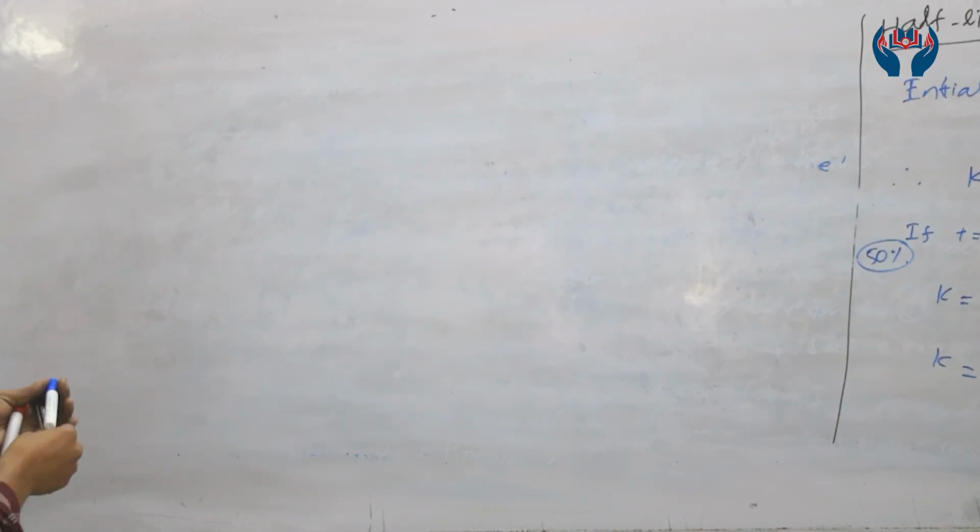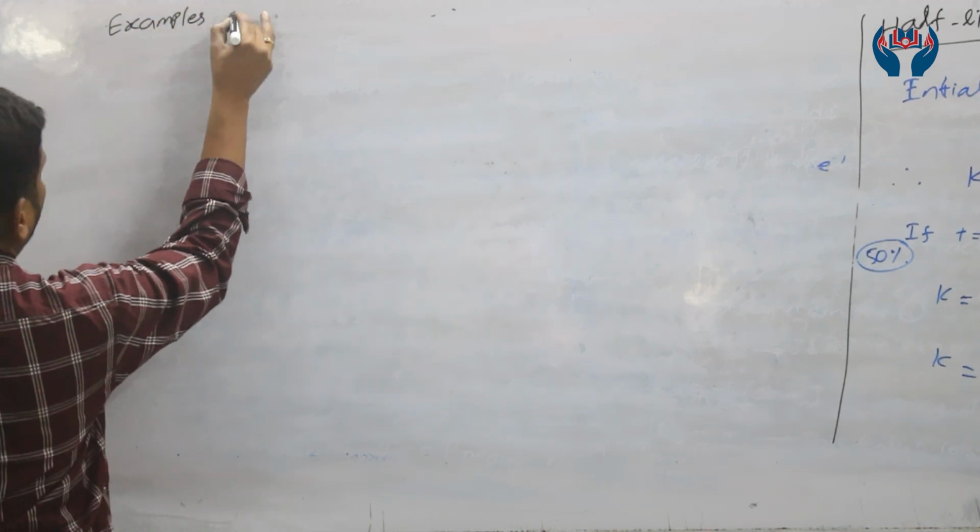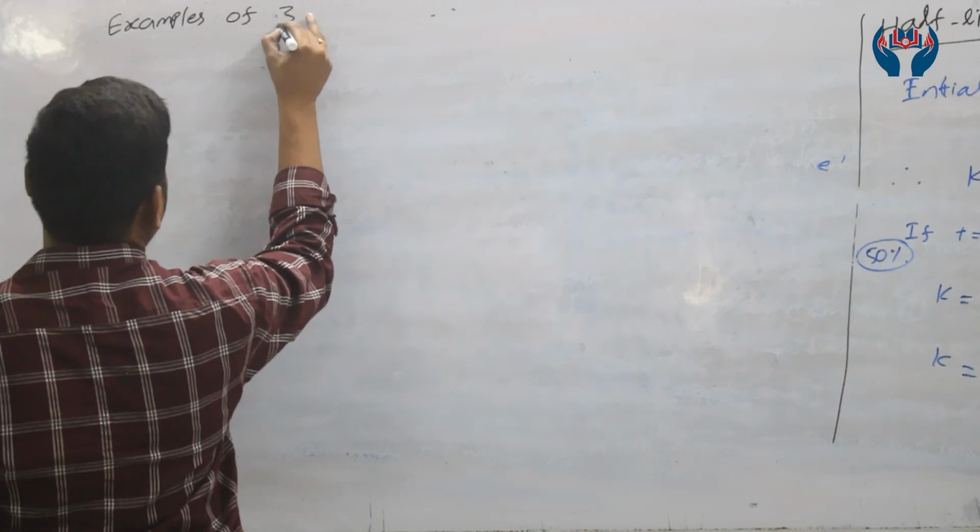For example, examples of zero order reaction: the decomposition of ammonia and HI. Both are examples of zero order reaction.